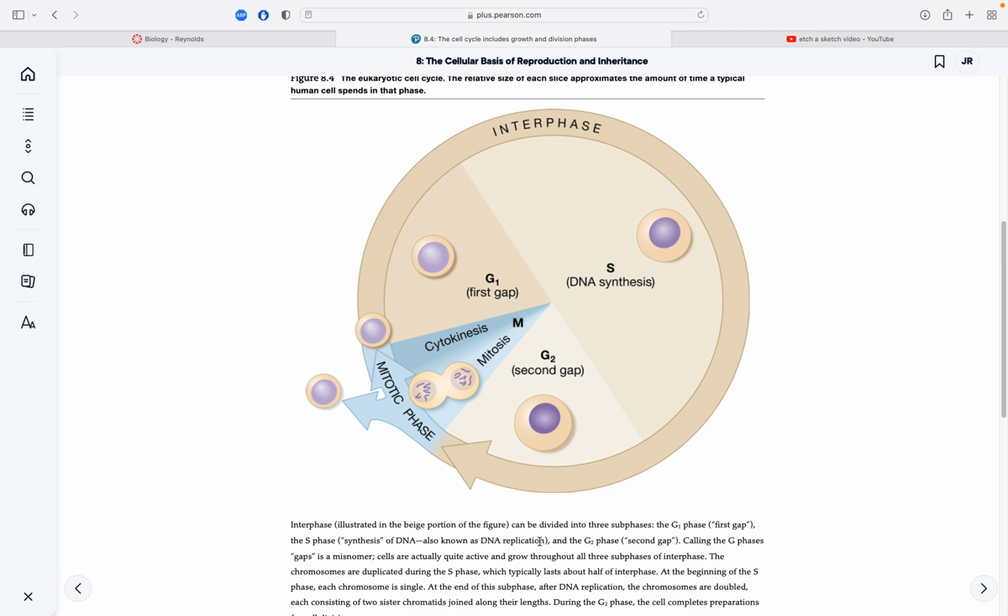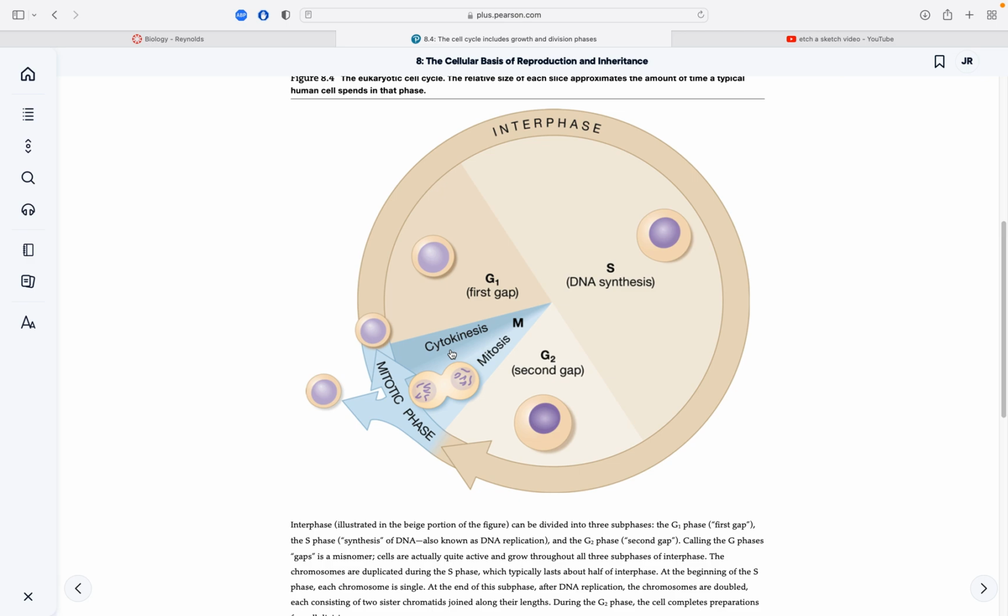So in order, it is interphase and then PMAT. Interphase and then mitosis, prophase, metaphase, anaphase, telophase. Interphase is broken down into 3 stages, right? G1, S, and G2. So you could say interphase, G1, S, G2, mitosis, prophase, metaphase, anaphase, telophase, and that separated the nucleus. And then you have to separate the cytoplasm, cytokinesis.